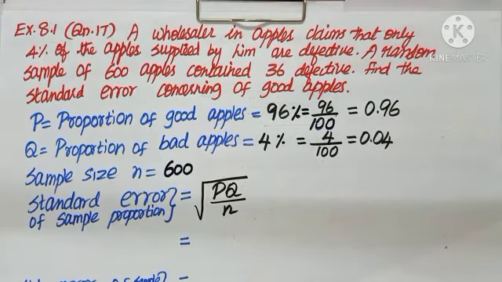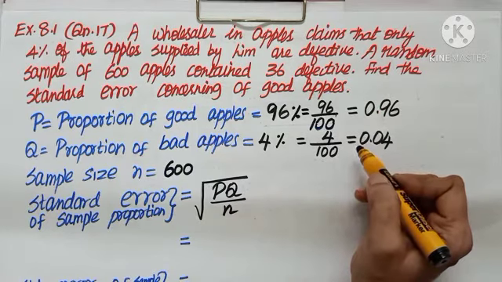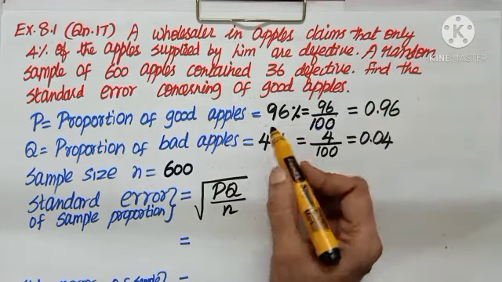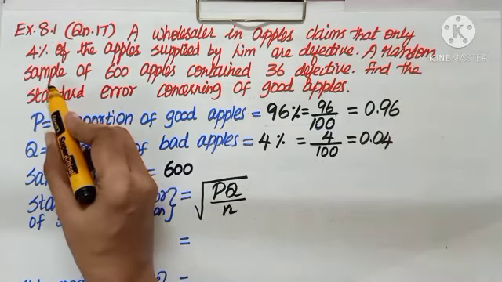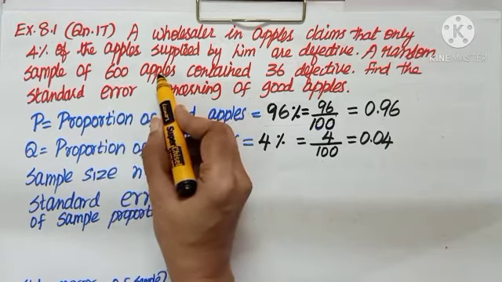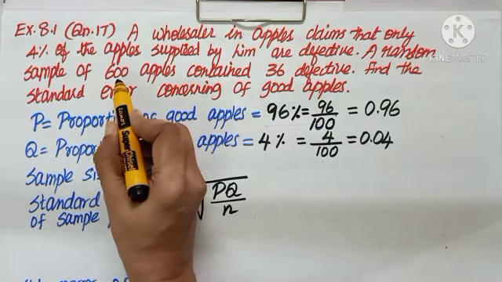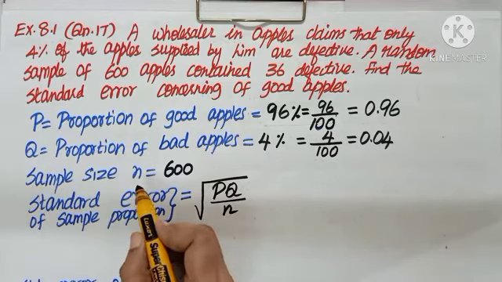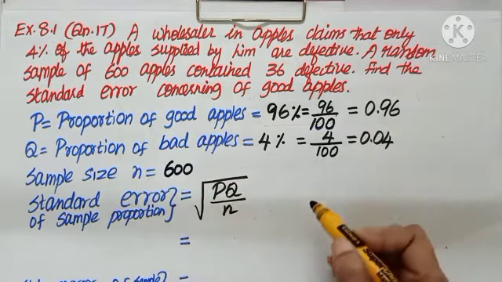Once I know capital P and Q, read the next line to identify the sample size. A random sample of 600 apples. So sample of 600 tells me sample size n, small n is 600. So what all have we identified?